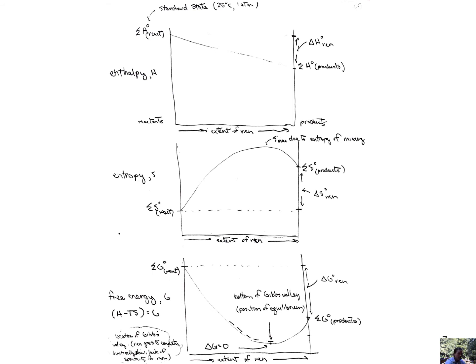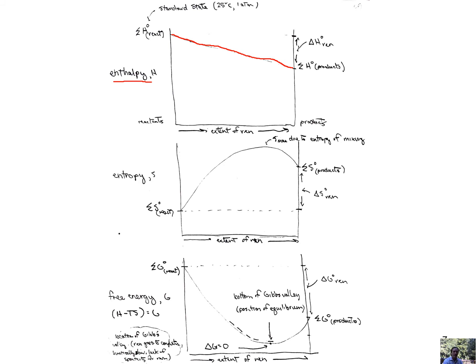And so I'd first like to go over enthalpy, because as the reaction progresses, its change is linear. And that kind of makes sense.